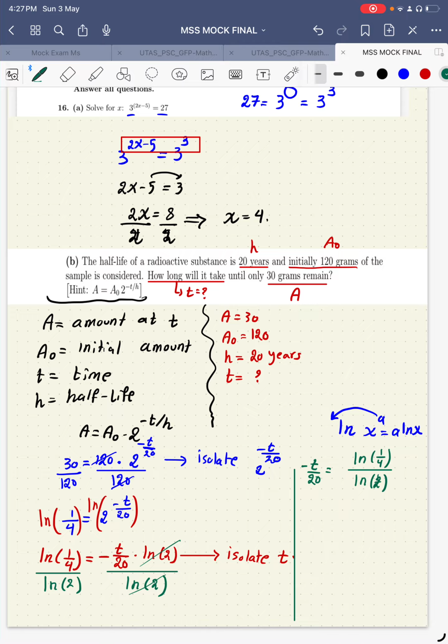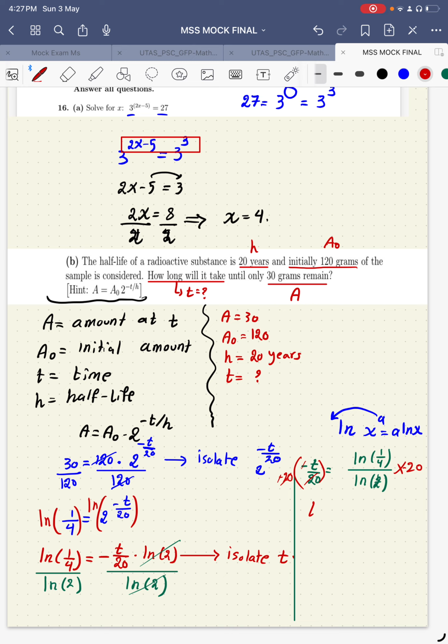So now I'm going to try again to isolate the t. I'm going to multiply both sides by minus 20. The minus is going to cancel with the minus here, and the 20 is going to cancel with the 20.